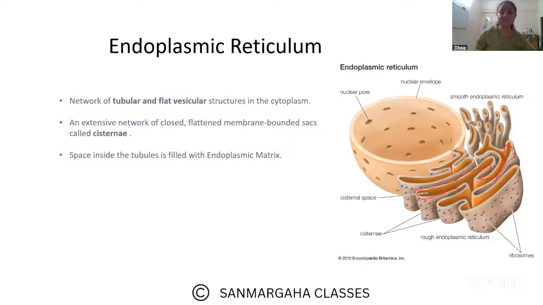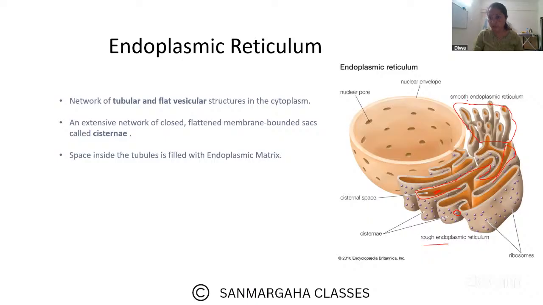Okay, and the space inside is called the cisternal space, and it is filled with endoplasmic matrix. See here, you can see the purple dots, right? These are ribosomes attached to the endoplasmic reticulum, and hence it is rough endoplasmic reticulum. Whereas here you can see there are no ribosomes found, correct?